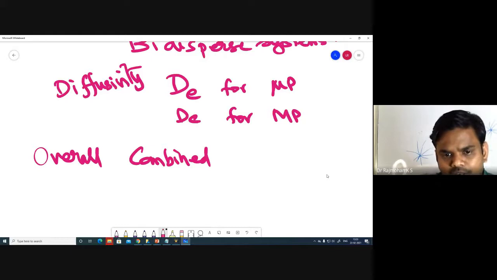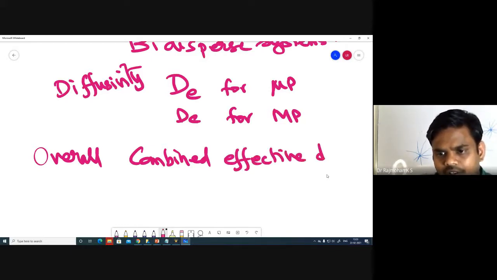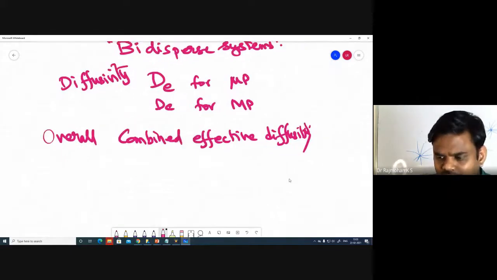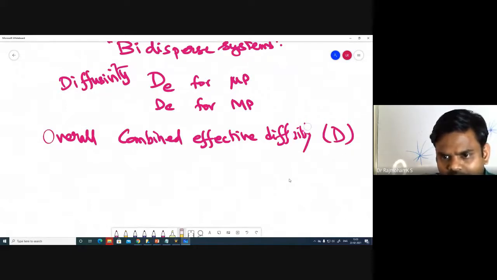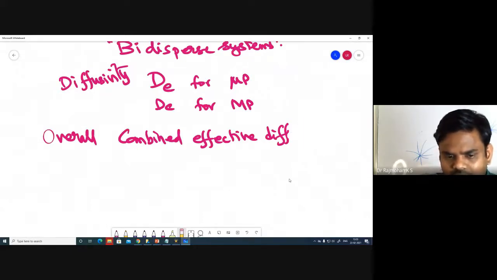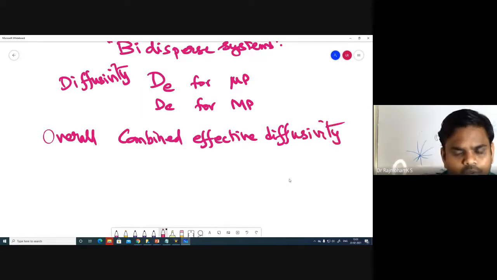This overall combined effective diffusivity, let me write it clearly, is given by D, which can be related to both D effective for micropores and D effective for macropores.